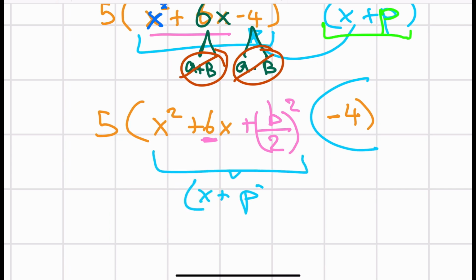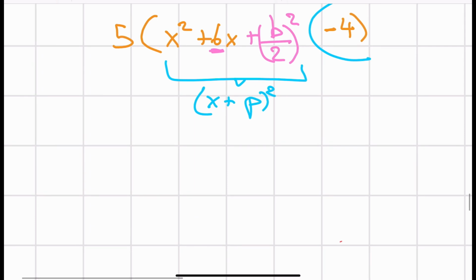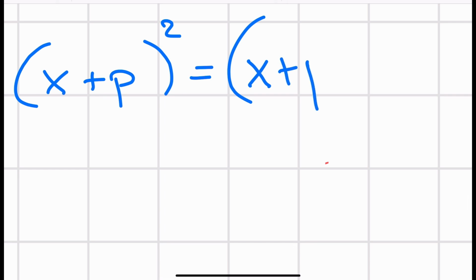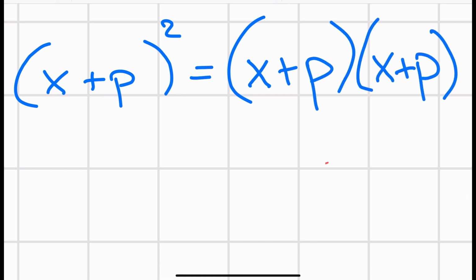a perfect square. But why would I be adding my second term divided by 2 squared? Like, where does this come from? Aren't we trying to write x plus p squared, so a perfect square, into our brackets? Isn't this the same as x plus p times x plus p? Yes.